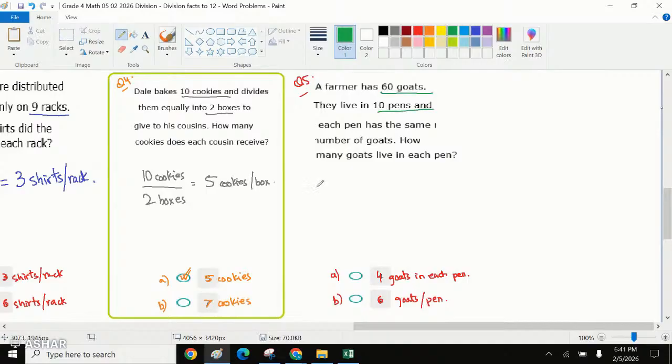I'll show the working. 60 goats were in 10 pens, right? So we cancel this. That means 6 goats per pen. Yes, perfect. Option B is correct. Yes, Baruch, May. That's a correct answer.